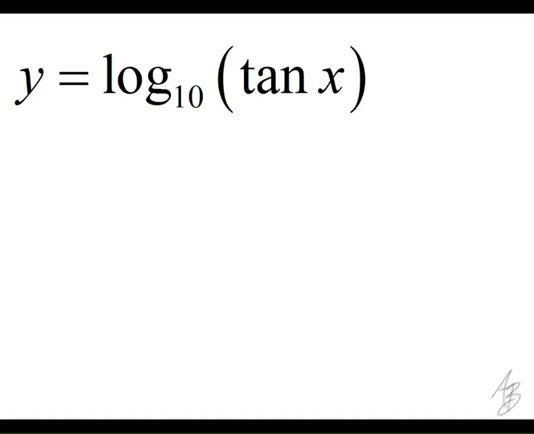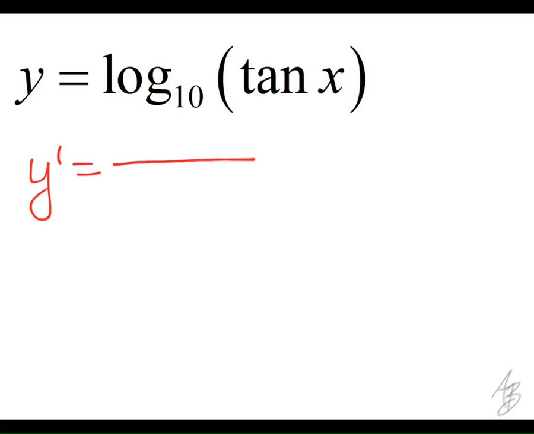Log base 10 of the tangent of x. So we're going to use that last formula now, right? So the derivative is going to equal. Anyone want to give it a try? Go ahead.